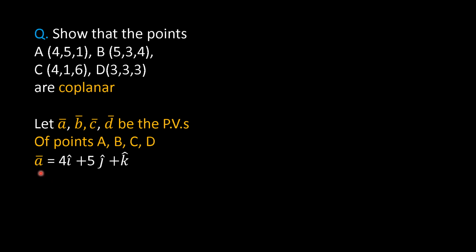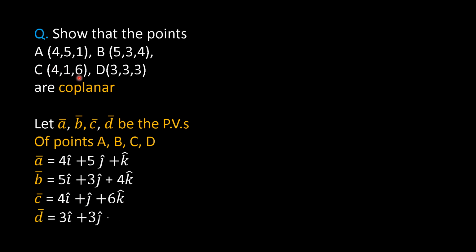So that we write a bar equals 4i plus 5j plus k, b bar equals 5i plus 3j plus 4k, c bar equals 4i plus j plus 6k, and d bar equals 3i plus 3j plus 3k.